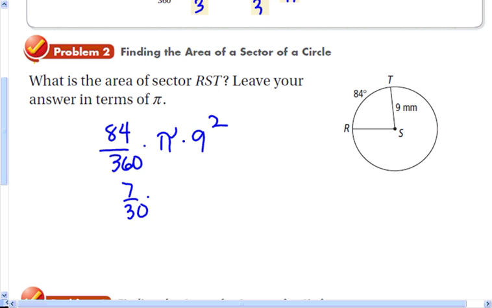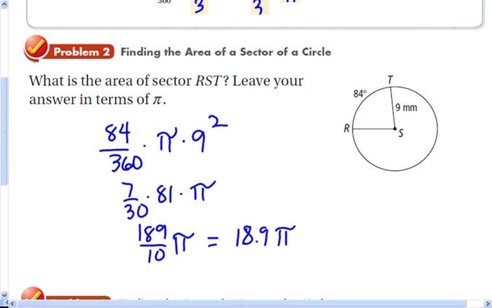Then we multiply that by 9 squared, which is 81, and by pi, and simplify that as much as we can. That gives us 189 over 10 times pi. And if you want, it's okay with me if you make that 18.9 pi. All right, I'll let you try that.